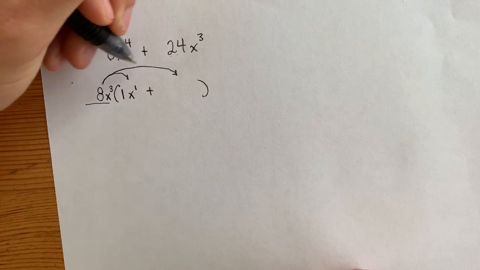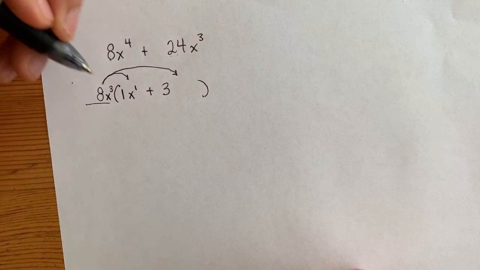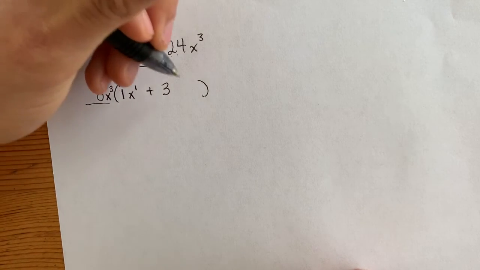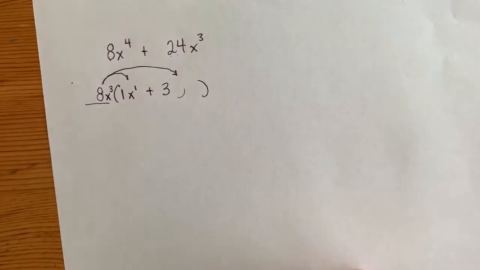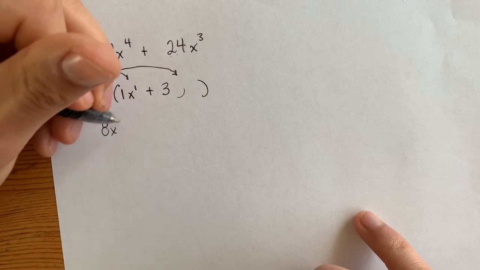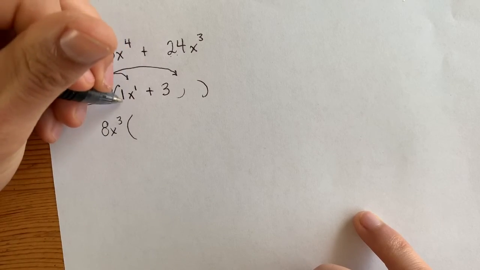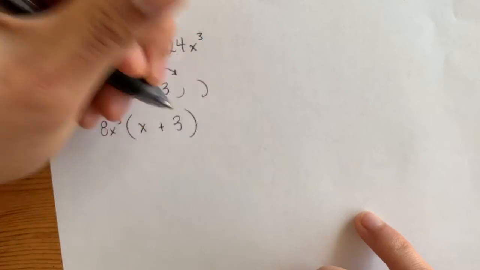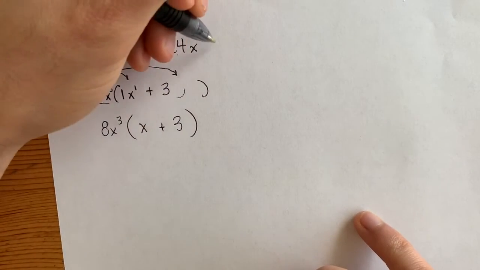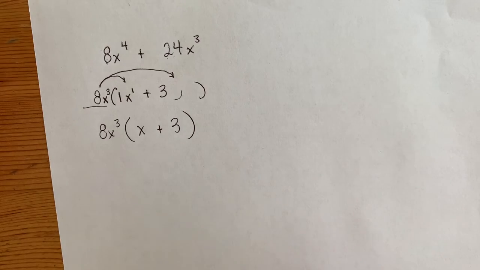And then here, 8 times 3 would make the 24, and x cubed times what would make x cubed? I don't need any more x's here, so there's nothing there. My final answer could be written as 8x cubed times (x plus 3). If I distributed that, I could check to see that it comes out to be the same thing.